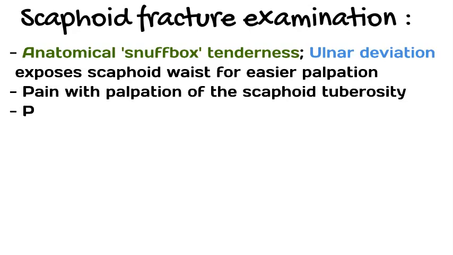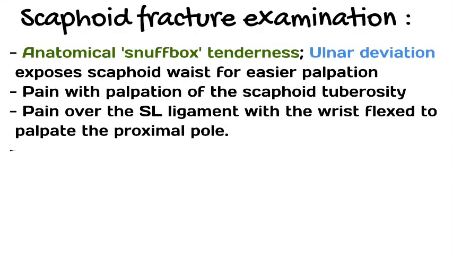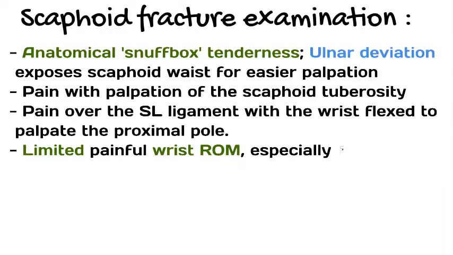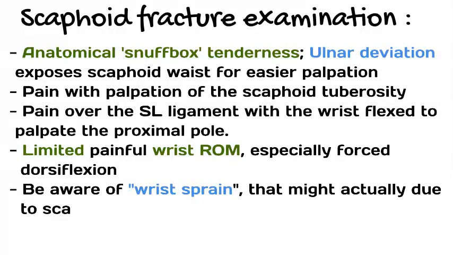Pain with palpation of the scaphoid tuberosity, pain over the scapholunate ligament with the wrist flexed to palpate the proximal pole, limited painful wrist range of movement, especially forced dorsiflexion. Be aware of a wrist sprain that might actually be due to a scaphoid fracture.